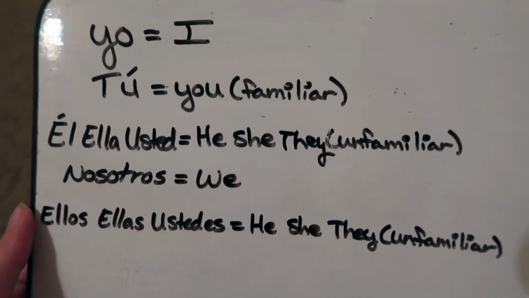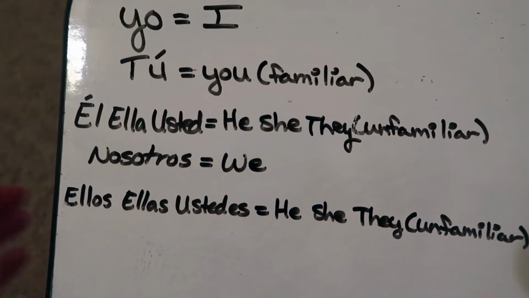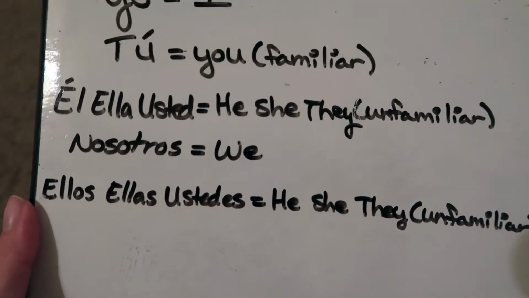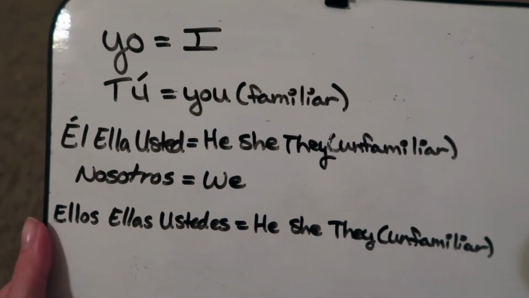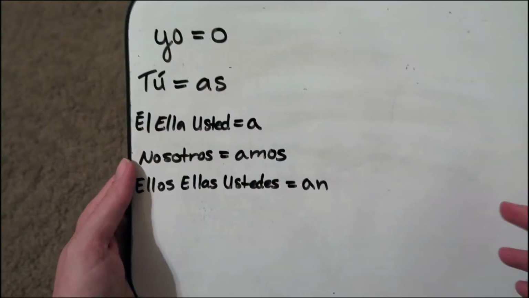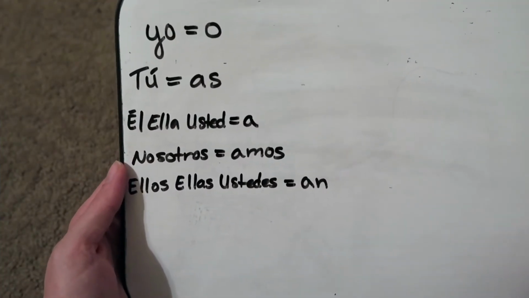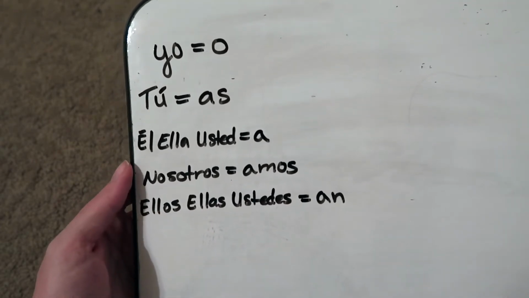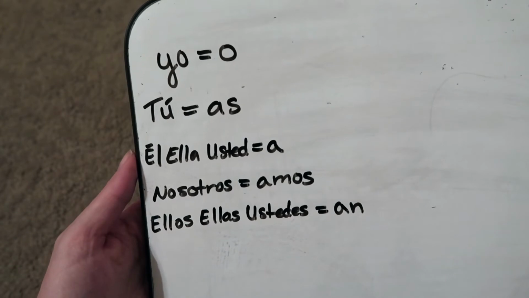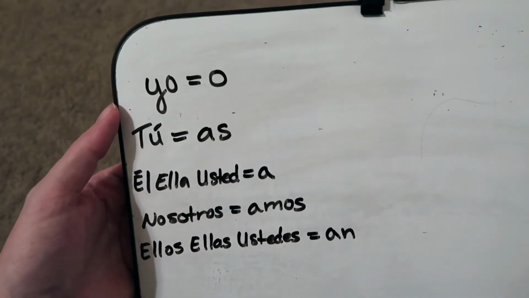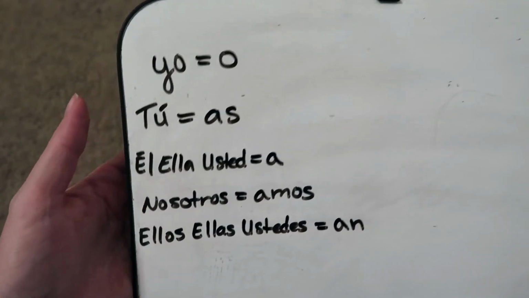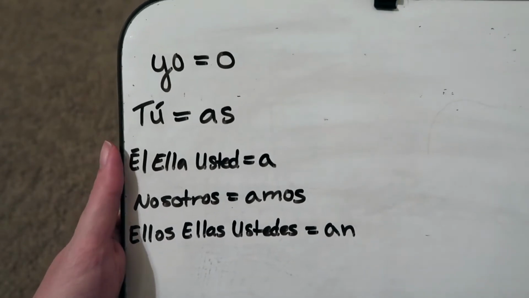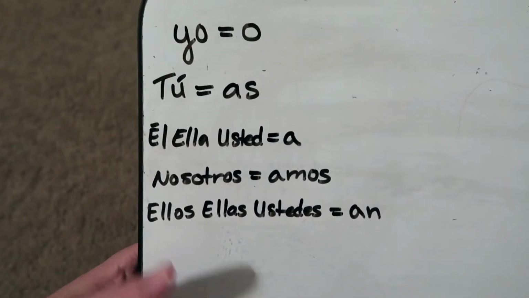Now I'm going to show you how to conjugate some AR verbs. When you're conjugating an AR verb in the present tense in Spanish, you're going to use these different endings for the AR verbs. You're conjugating for yo, which is I. The verb will have an O at the ending.